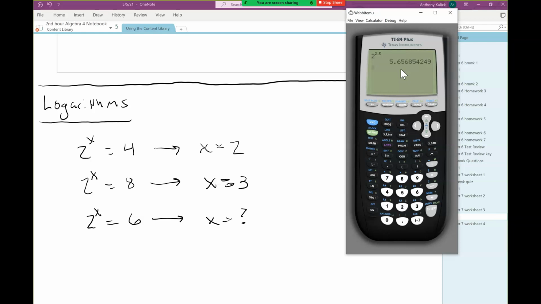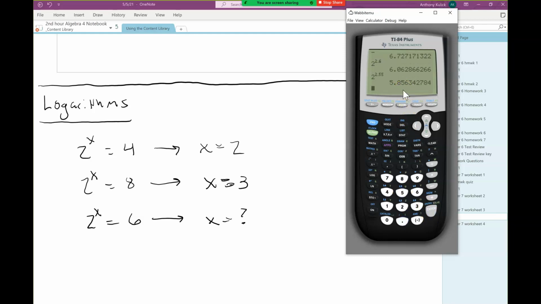Oh, not big enough. So maybe we try 2.75. No, that's too big. Okay. Maybe we try 2.6. Still too big. So maybe we try 2.55.